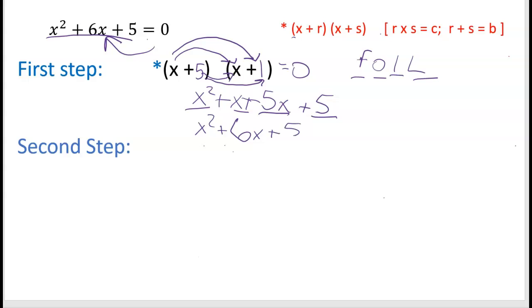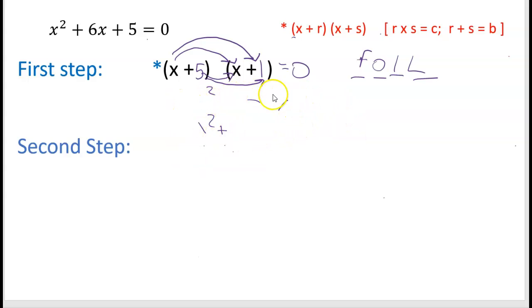So, are we correct? Yes, we are. x squared plus 6x plus 5. These, although they don't look the same, give us the same value. Therefore, they are the same.